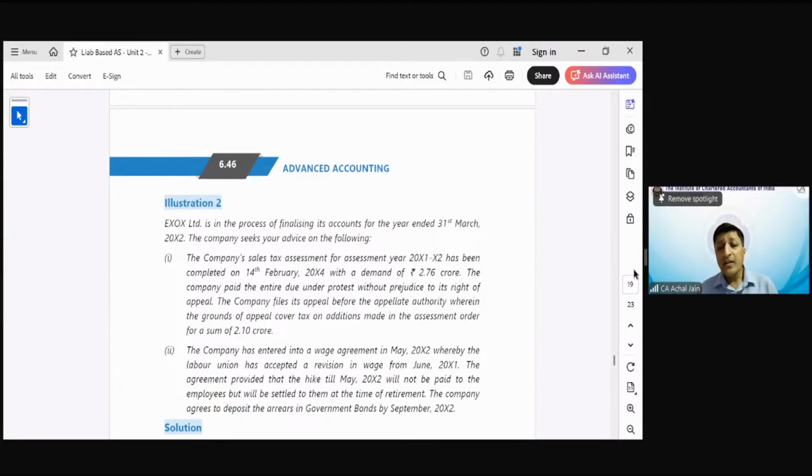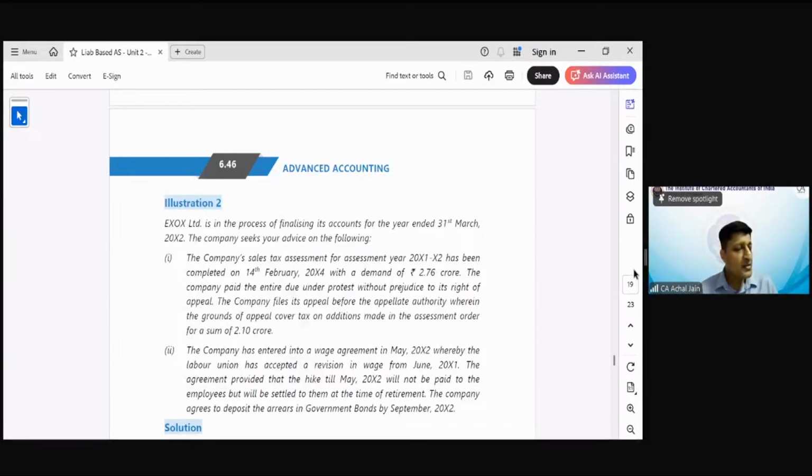The agreement provided that the hike till May X2 will not be paid to the employees, but will be settled to them at the time of retirement. Settled means it will not be paid today, it will be paid at the time of retirement. The company agrees to deposit the arrears in government bonds by September X2.